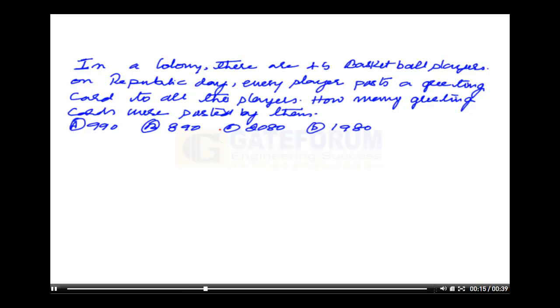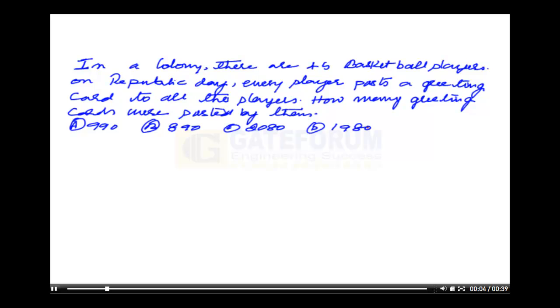There are 45 basketball players. Everyone posts a greeting card to all other players.